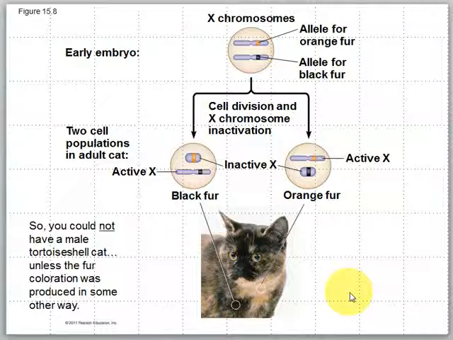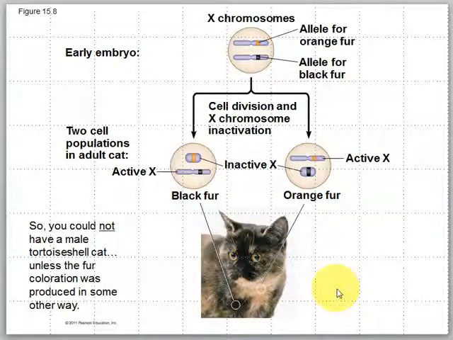And randomly, one of those X's gets inactivated. So throughout her body, she has different cells. Some have the X-active chromosome from dad. Some have the X-active chromosome from mom. And because there are different alleles for different hair color here, you get this tortoiseshell effect.